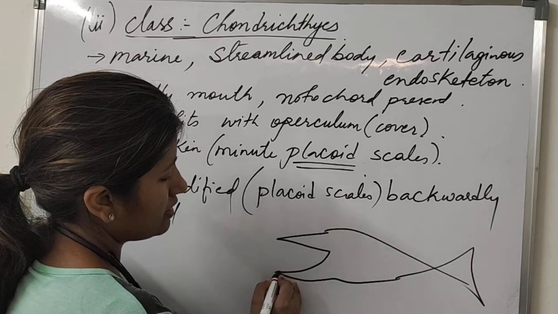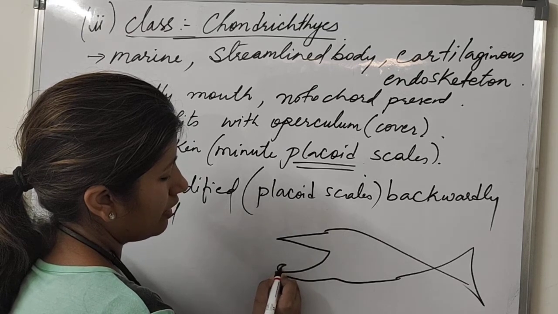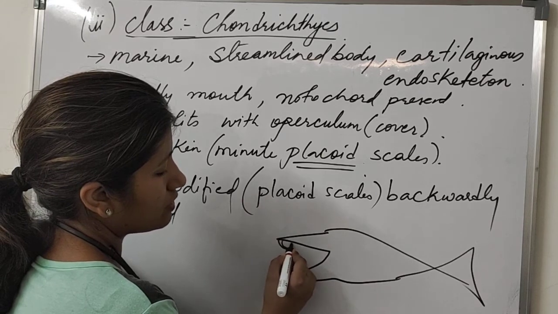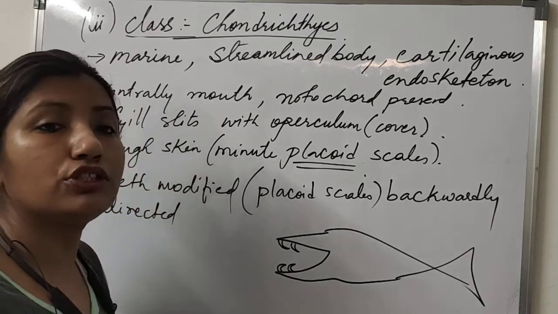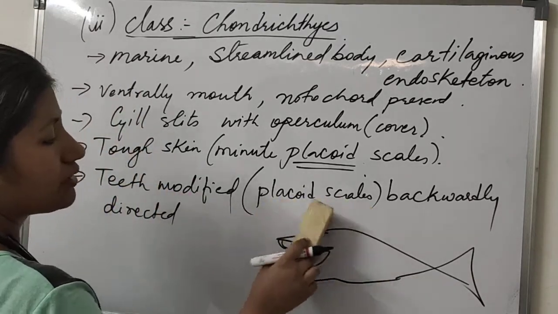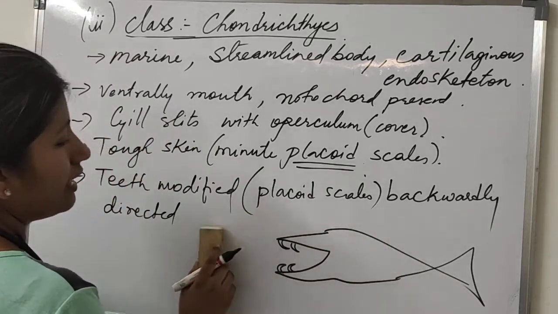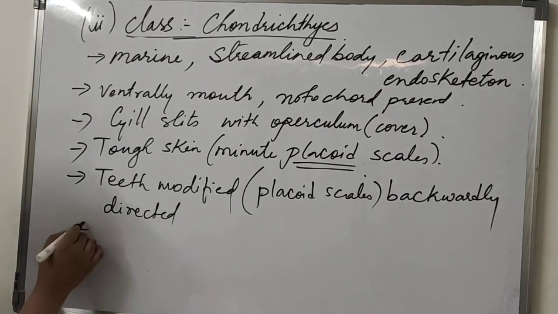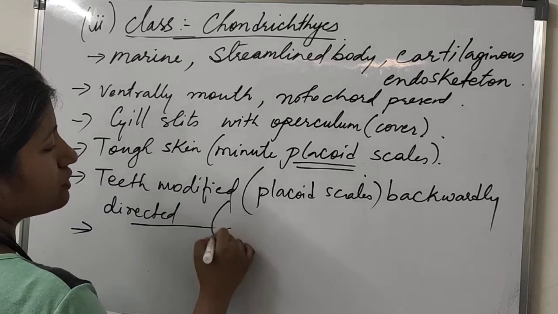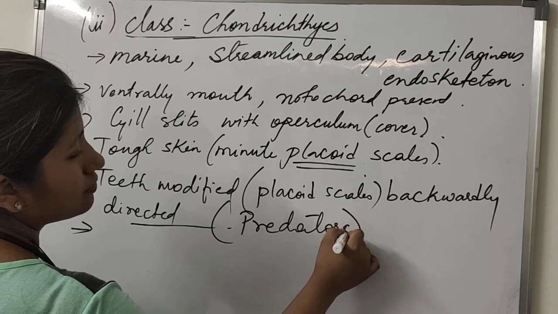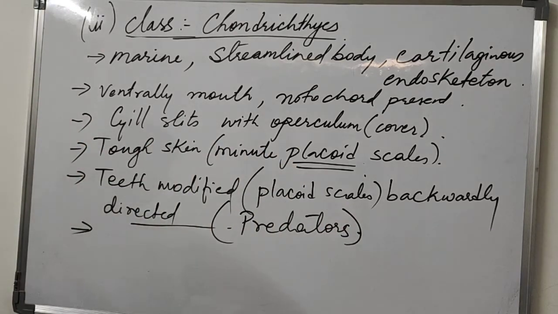And here the teeth are converted into placoid scales in a backward direction. If the teeth are in a backward direction, it means it has a powerful jaw to trap a prey, right? So teeth are modified to plate-like placoid scales in backward direction, so it becomes a very powerful jaw. Since they have this kind of powerful jaw, they are very predaceous in nature. They are actually predators. We'll see their examples.